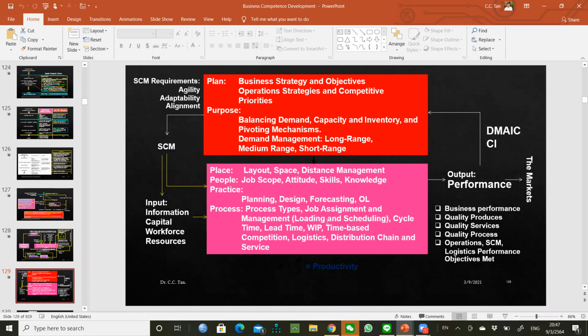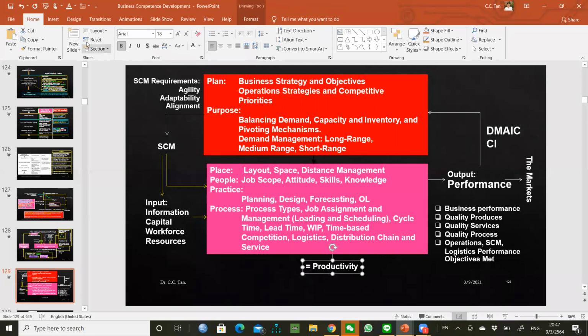So it's really looking into P. This is just turning the 5S into a different concept called P. In marketing, we have so many different types of P, and in operations and supply chains, we also talk about P. So we're talking about planning, purpose, place, your layout, your designs, and your people and your practice: planning, design, forecasting, organizational learning processes, your process type design, things like time management, work in process, and time-based competition, and so on and so forth.